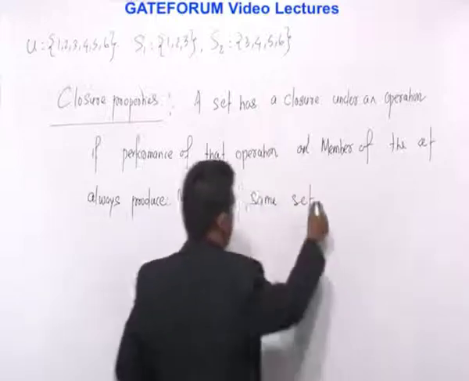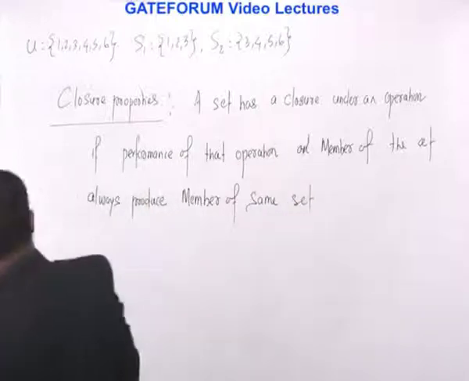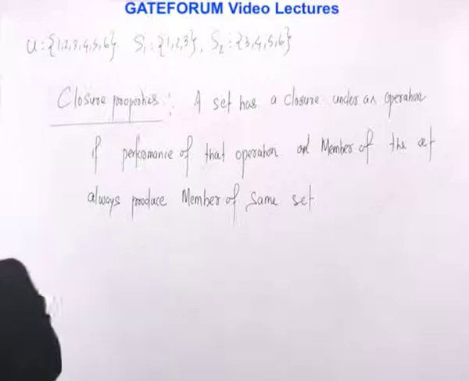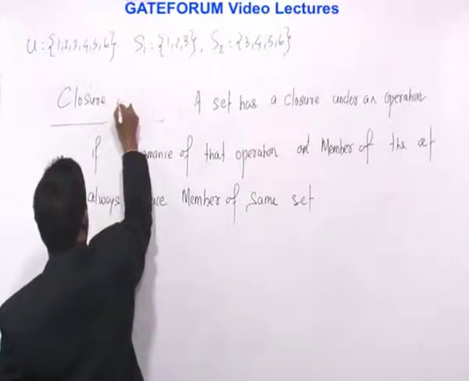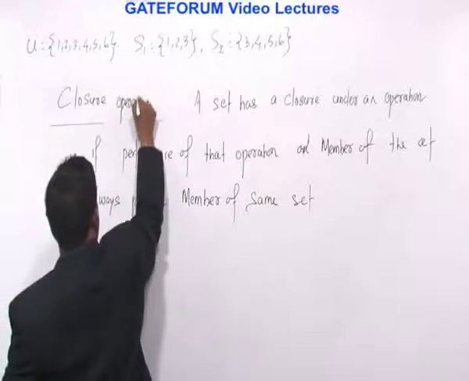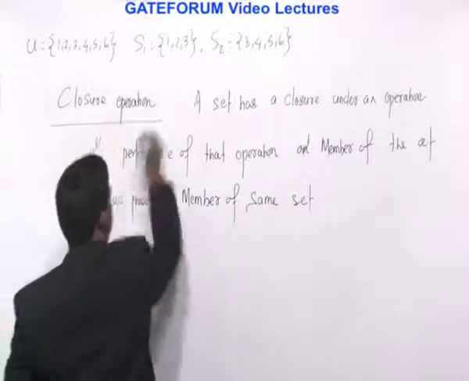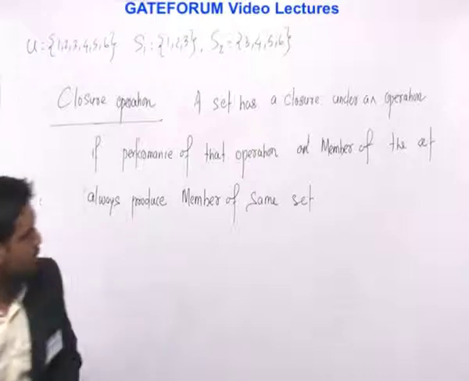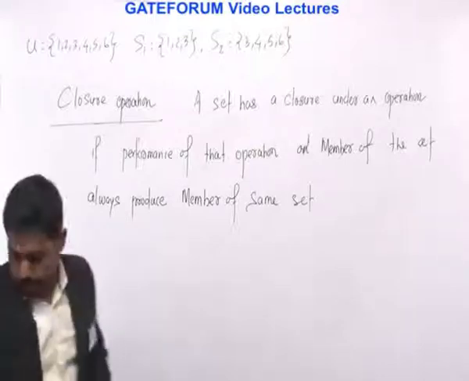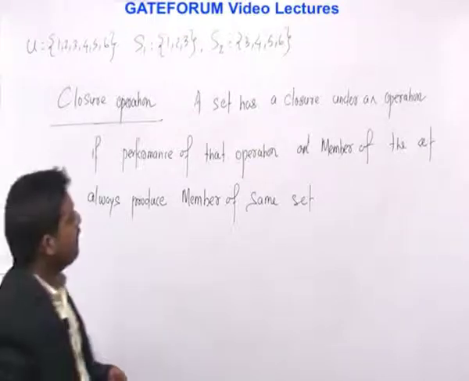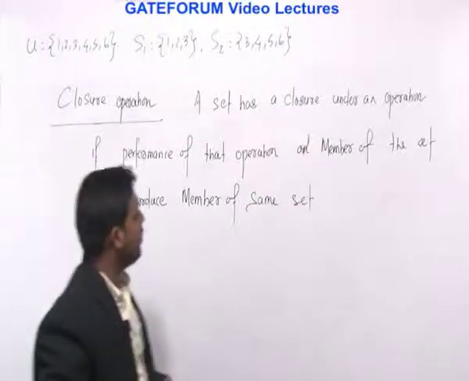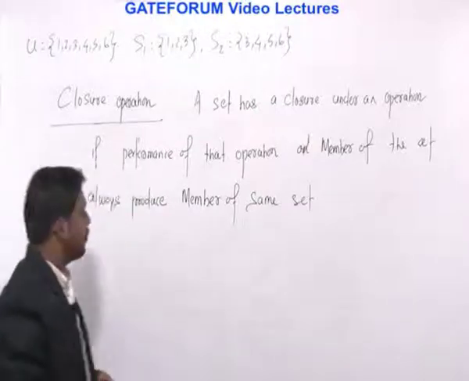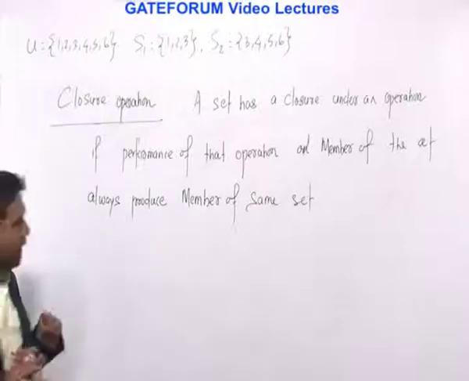Closure property is a different term from what I am writing, which is a closure operation. Not a complicated definition.